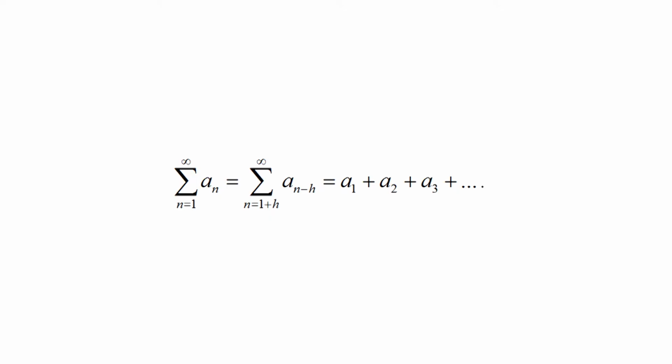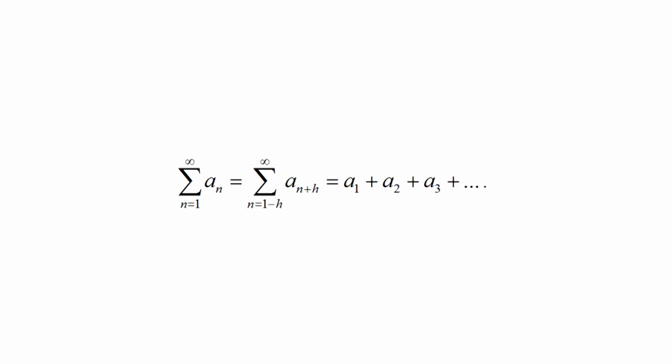Reindexing. As long as we preserve the order of its terms, we can reindex any series without altering its convergence. To raise the starting value of the index h units, replace the n in the formula for a_n by n minus h. Summation a_n from n equal to 1 to infinity equals summation a_(n-h), n equal to 1 plus h to infinity, which is equal to a_1 plus a_2 plus a_3 plus etc. To lower the starting value of the index h units, replace the n in the formula for a_n by n plus h.